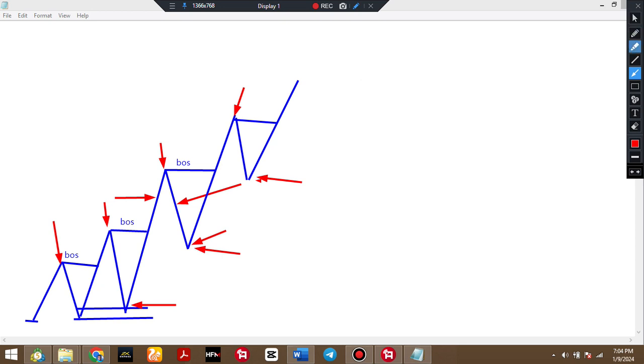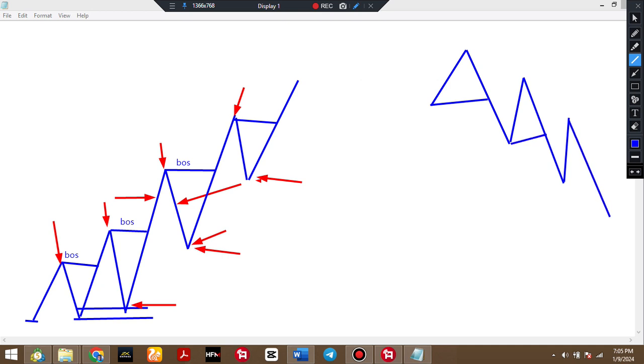But in a downtrend, this is what price is doing. Price is creating higher lows and lower lows.